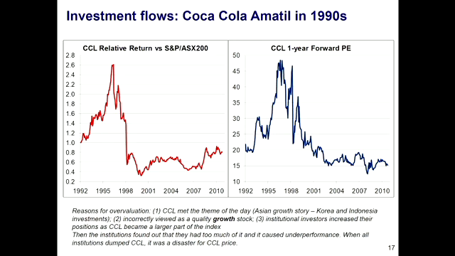They were considered to have access to lower input cost, lower raw materials, water, labor, and also access to an ever-growing market of consumer demand in these Asian countries. So over that time, you see the relative return of Coca-Cola. They were considered a growth stock, and a lot of institutional investors became very fond of Coca-Cola. That drove further the stock run of Coca-Cola.